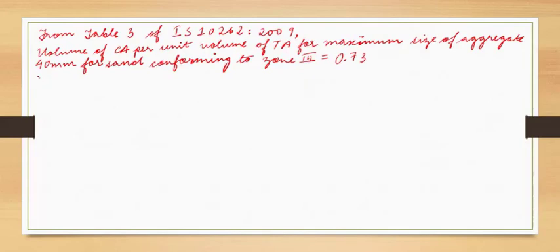Amar water cement ratio is equal to 0.40. Therefore, we have to make the adjustment. Therefore, adjustment is required.